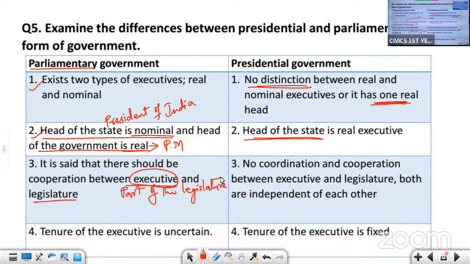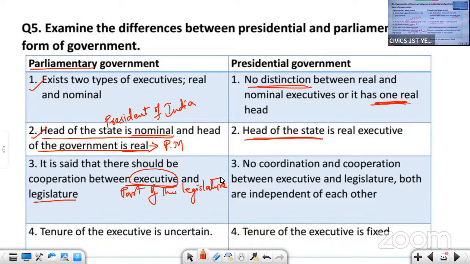The people will elect their representatives. Okay, and which house represents the people? It is the lower house. So the party which secures majority in the lower house, the leader of that party will become the head of the government, that is Prime Minister.